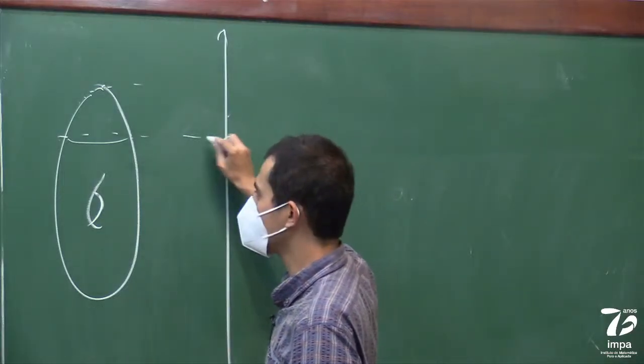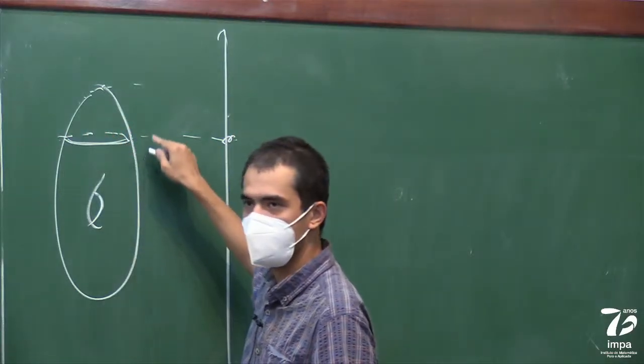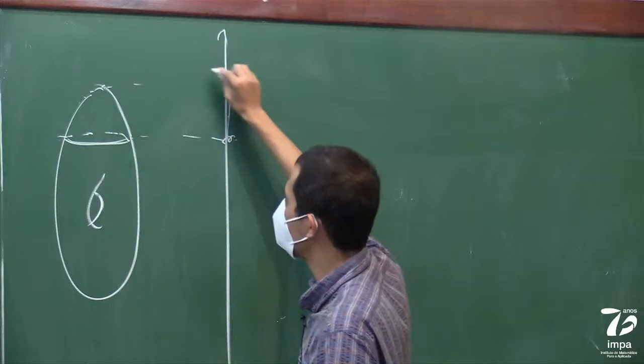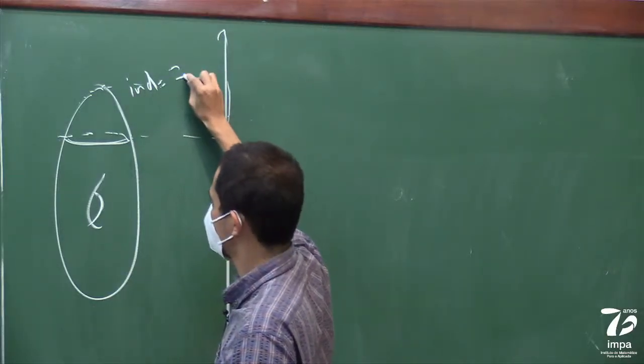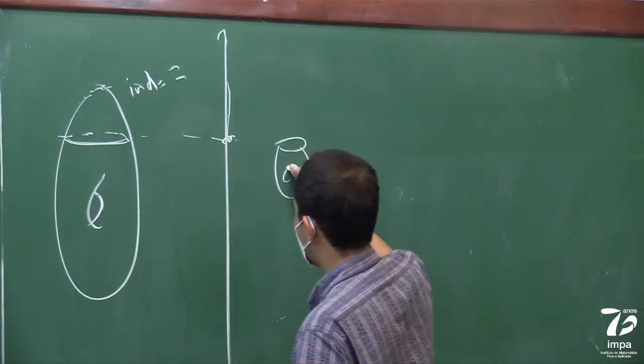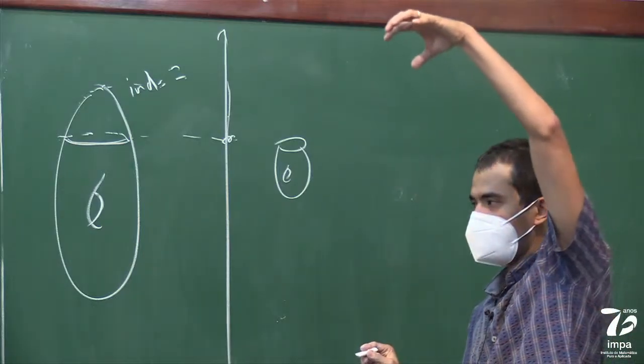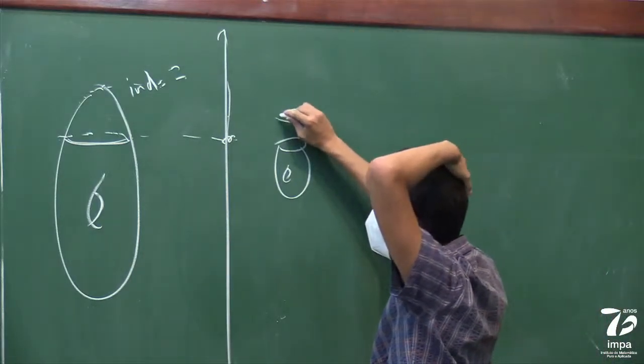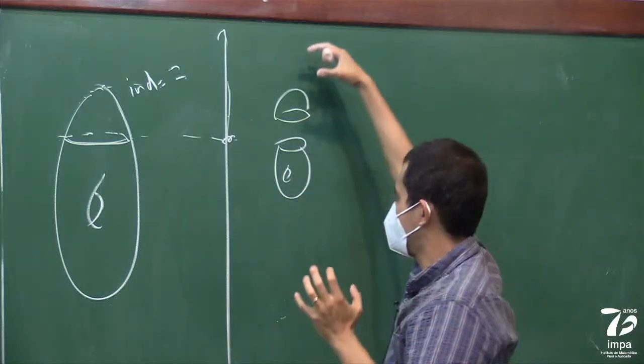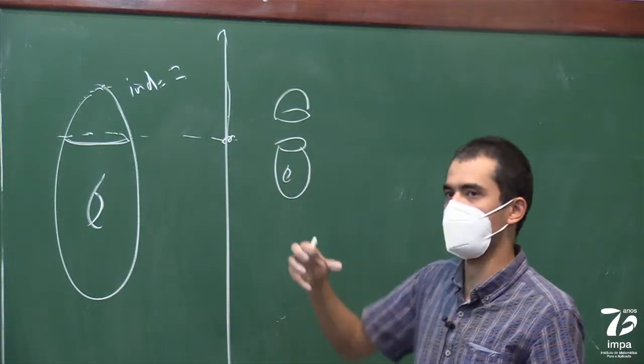When I'm over here, the manifold that I have is this thing here. And when I go through the index 2 critical point, I go from having this guy to gluing in a two-dimensional ball, which is a disk, that just, boom, closes it up.